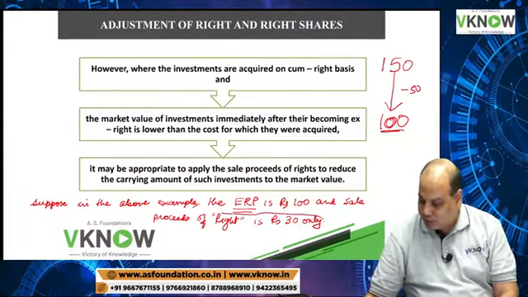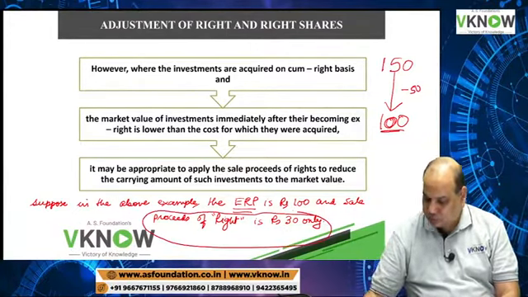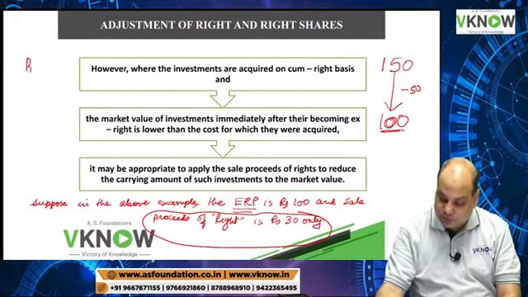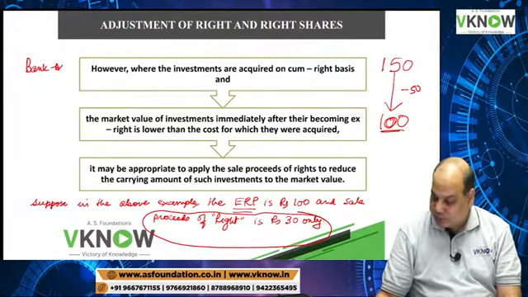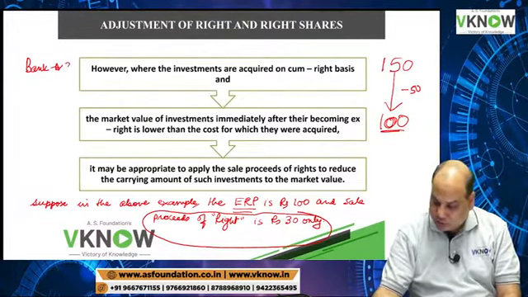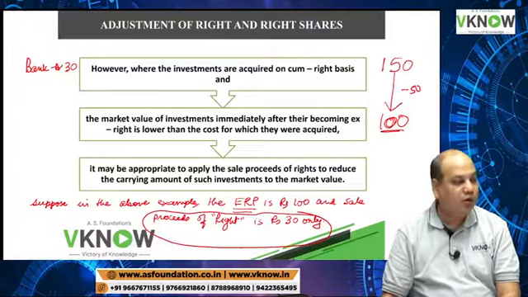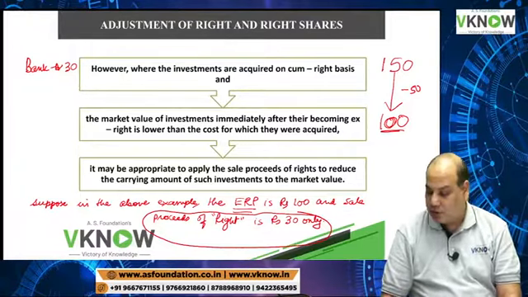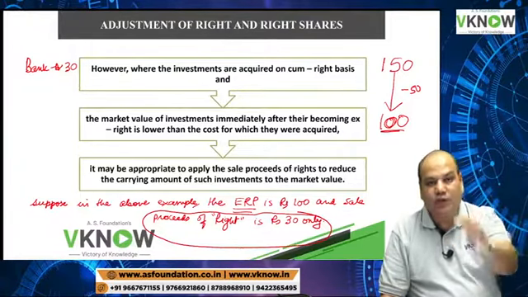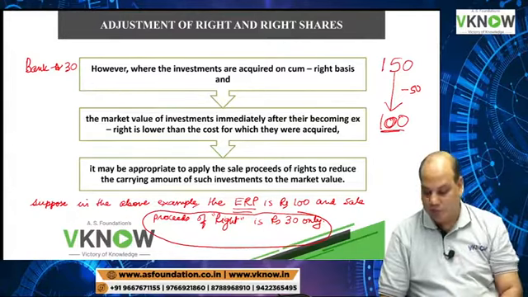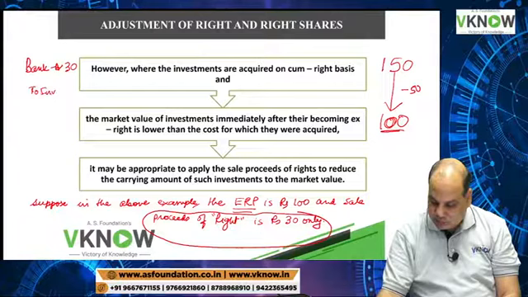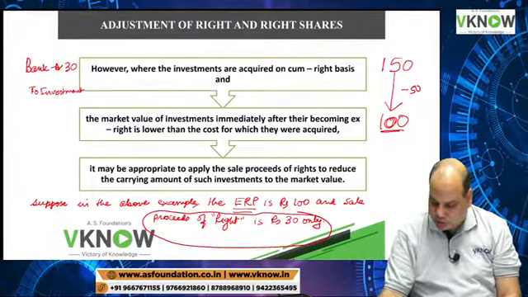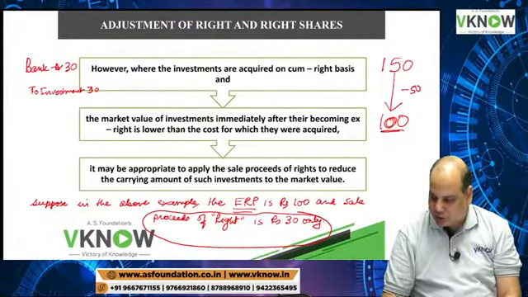But you have received only 30 rupees. So bank account debit 30, because I can't change the bank figure. Is there a reduction in the value of the investment? Yes. To investment 30.